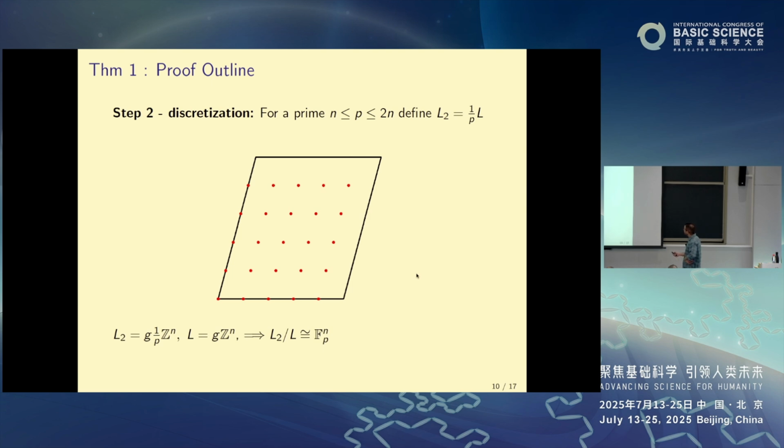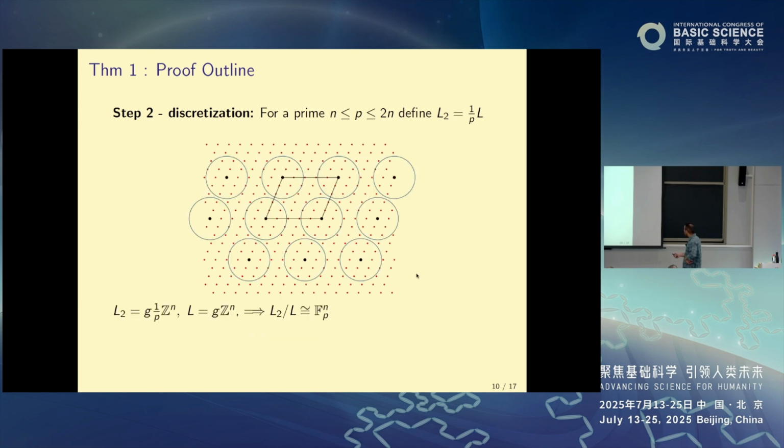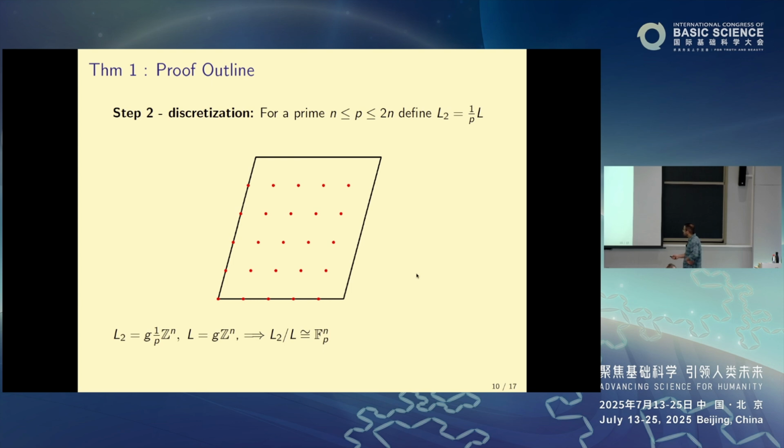So I can look at all the red points that fall inside this fundamental parallelepiped and identify them with elements of Fp to the n. How? The first index of each vector is its coordinate in this direction, and the second index is its coordinate in this direction. Those indices are integers between 0 and p minus 1. So each one of those vectors, I can think of as an element of Fp to the n.